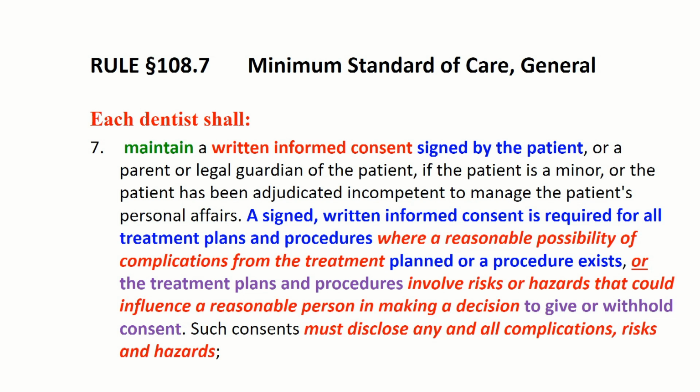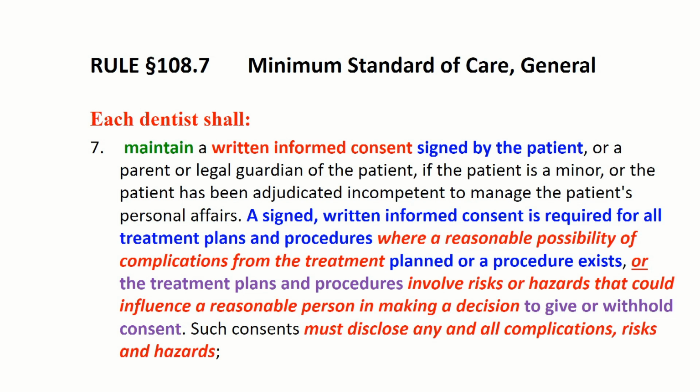A signed, written, informed consent is required for all treatment plans and procedures where a reasonable possibility of complications from the treatment planned or a procedure exists, or the treatment plans and procedures involve risks or hazards that could influence a reasonable person in making a decision to give or withhold consent. Such consents must disclose any and all complications, risks, and hazards. So, going back through the rule.